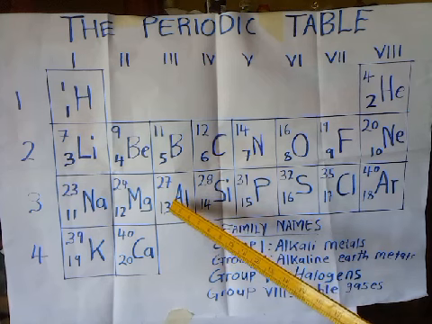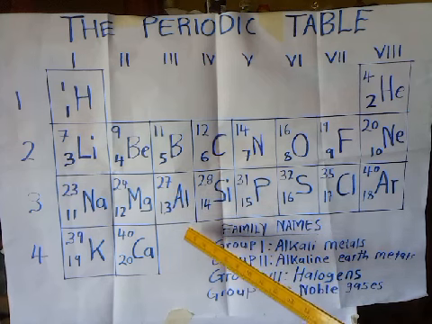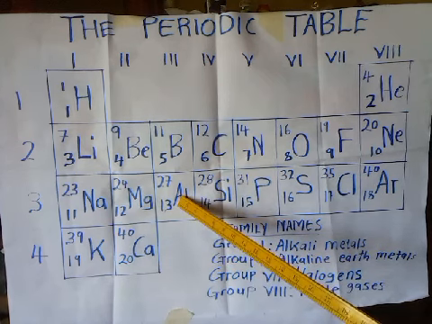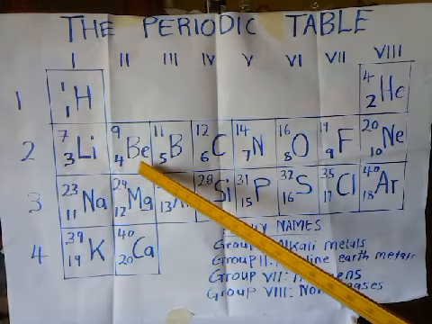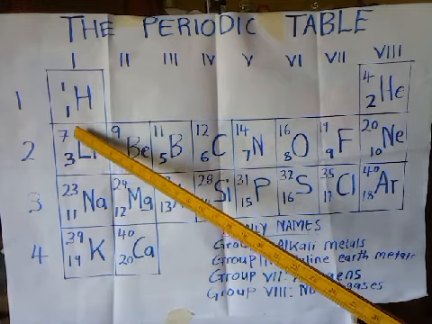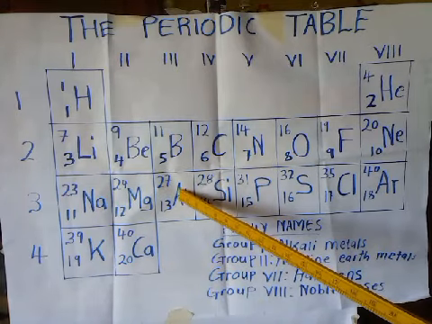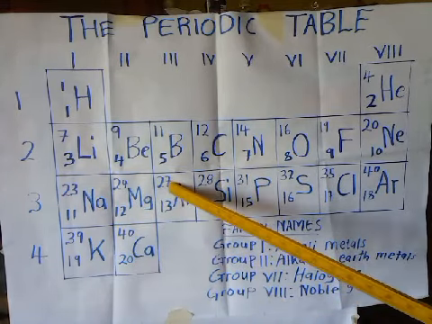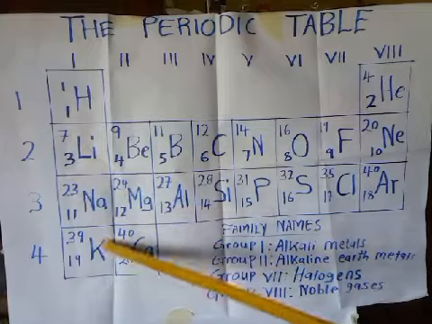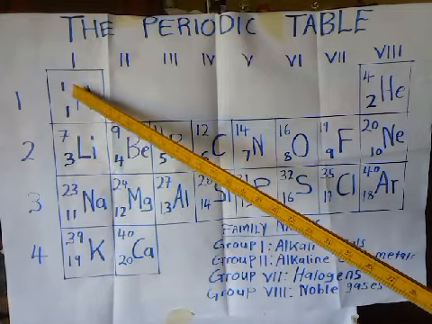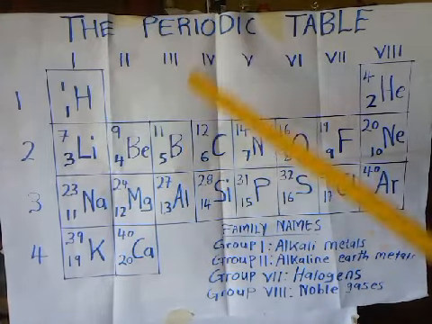And you go to group 3, we have aluminium. It's a metal. That means apart from hydrogen here, if you take group 1 elements, group 2, and aluminium here in group 3, these are called metal elements. These are metal elements apart from hydrogen here and boron.